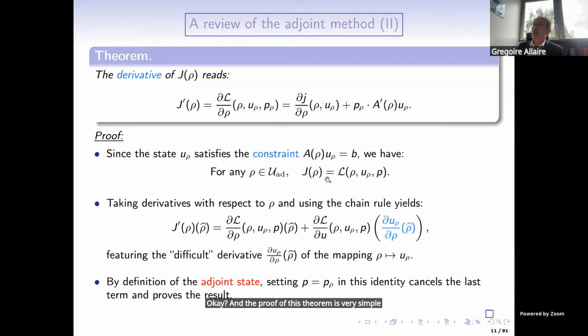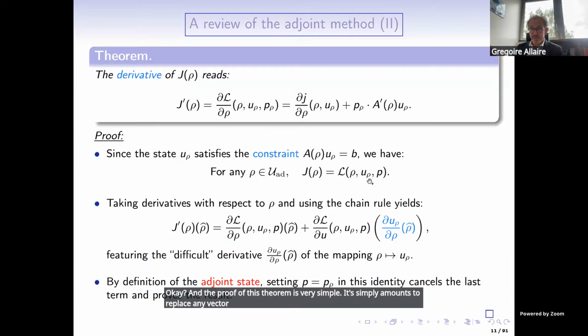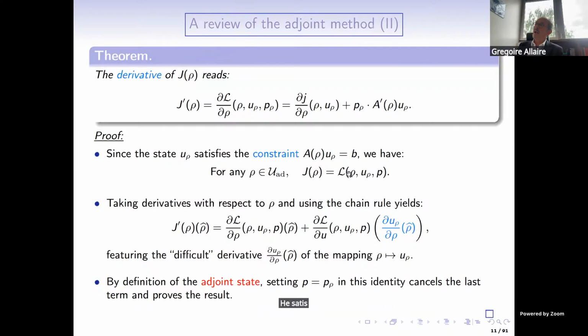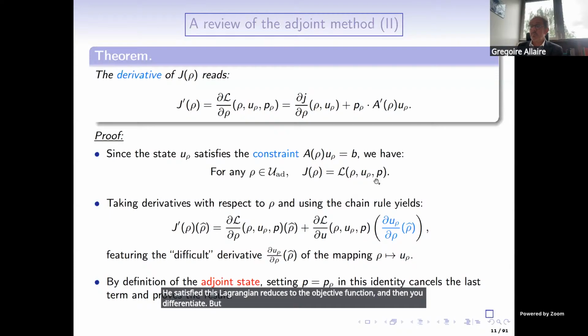It simply amounts to replacing any vector u by the precise vector u rho solution of the state equation in the Lagrangian. And of course, because the constraint is satisfied, this Lagrangian reduces to the objective function, and then you differentiate. But in this differentiation, p is any vector, so you do not differentiate it with respect to rho. And after differentiation, you simply replace p by p rho.